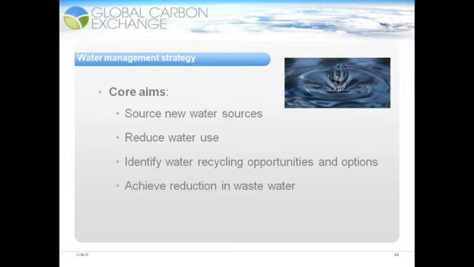Then, to achieve reduction in wastewater, often this can be simpler than it may seem. Often a large body of water that is deemed to be wastewater is contaminated by a single small source of water, which will then contaminate the whole body of water.